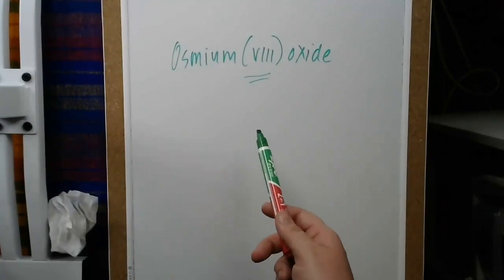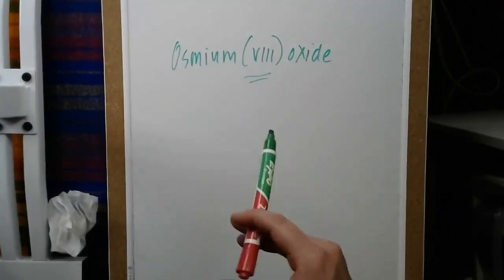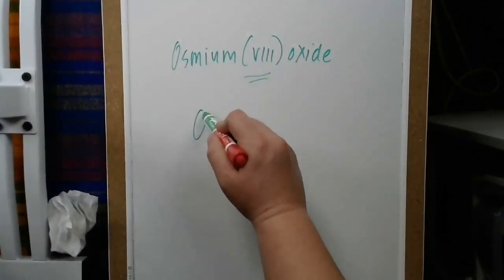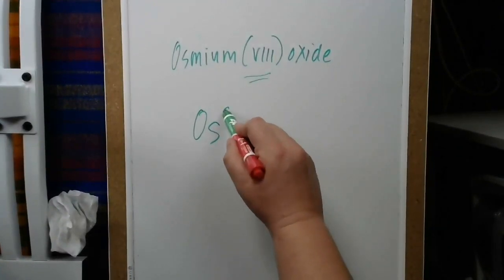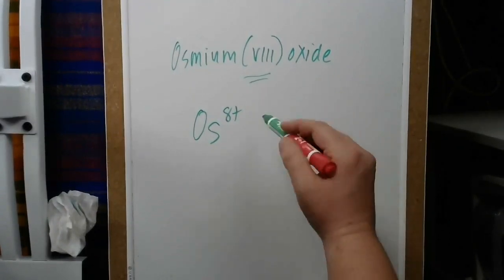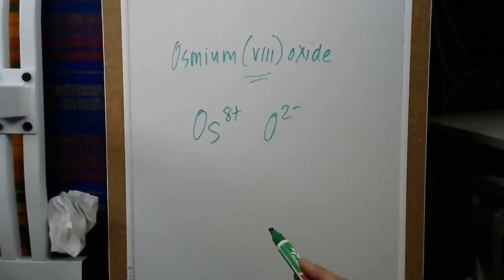So you're only going to see this notation when you have a metal preceding it. So we know right here that we're looking at an osmium ion with a charge of 8. Okay. We know that every oxygen ion is going to exist as -2.